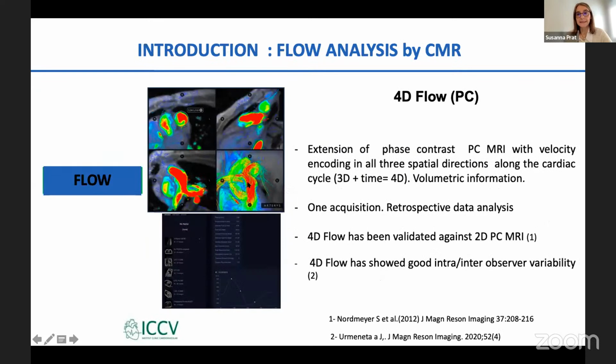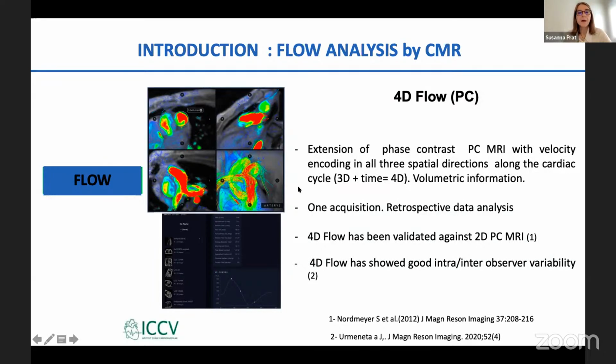Recently, we have the 4D flow phase contrast MRI sequence, which is an extension of the phase contrast MRI. In this case, the velocity encode is in all three spatial directions along the cardiac cycle. For this, we have the three spatial directions plus time, 4D.